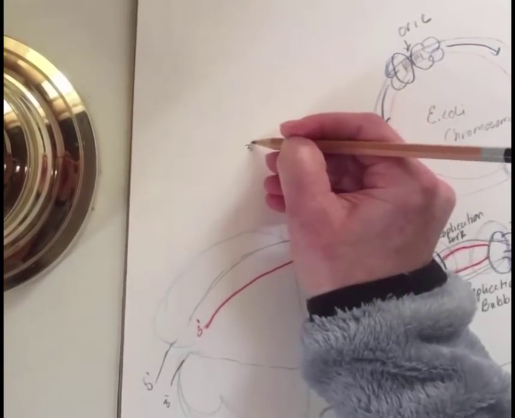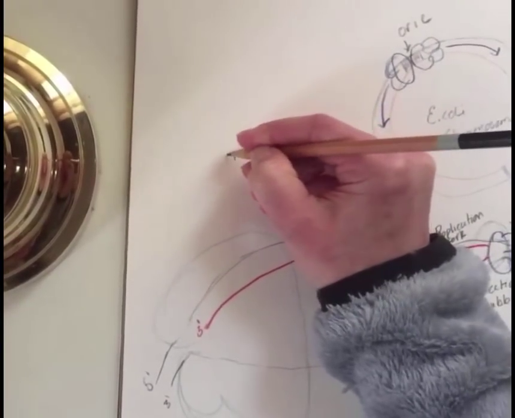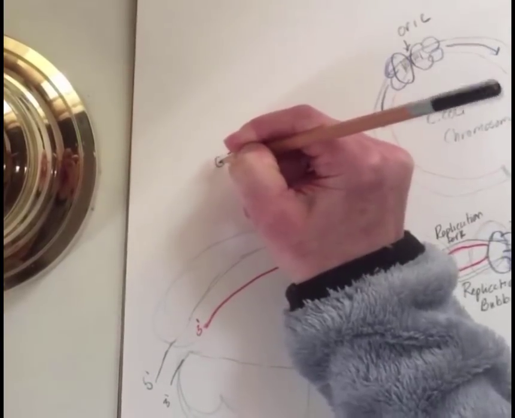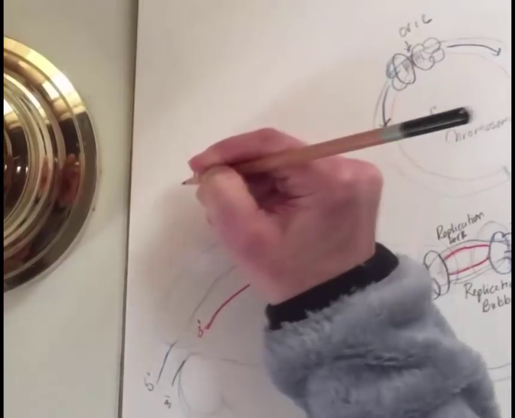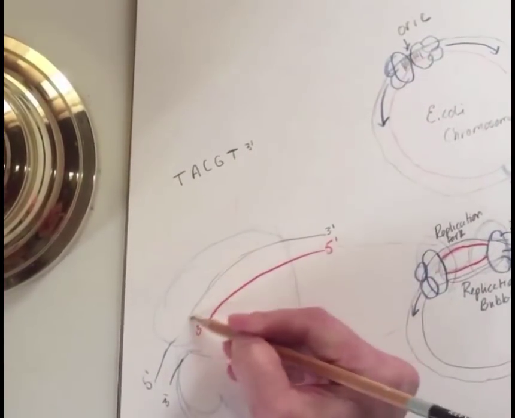So there's a 3' side, and the nitrogenous bases are T, G, C, A, T, in that region there.